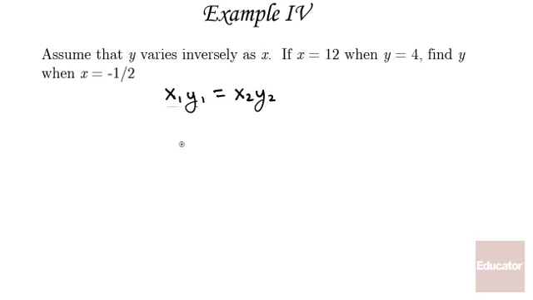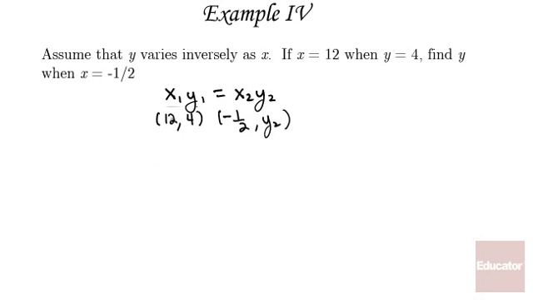Therefore, they're equal to the same value, so they are equal to each other. Now, I have an x1 right here. That's 12. I'm going to write out my points. 12, y is 4, so 12 and 4. And my second set of points are y2, which is unknown, and x2, which is -1/2. So my second set of points is -1/2, y2.